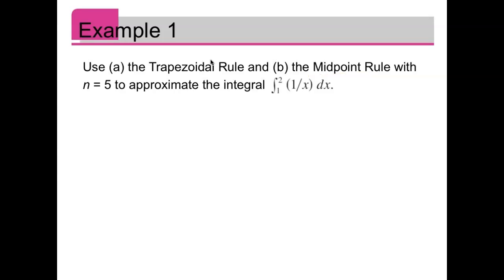So I'm going to use the midpoint rule, which means I'm using midpoints to find the heights of my rectangles, okay? And I'm going to use 5 subintervals to approximate the integral from 1 to 2 of 1 over x dx. So that's just the area under the curve 1 over x between 1 and 2.